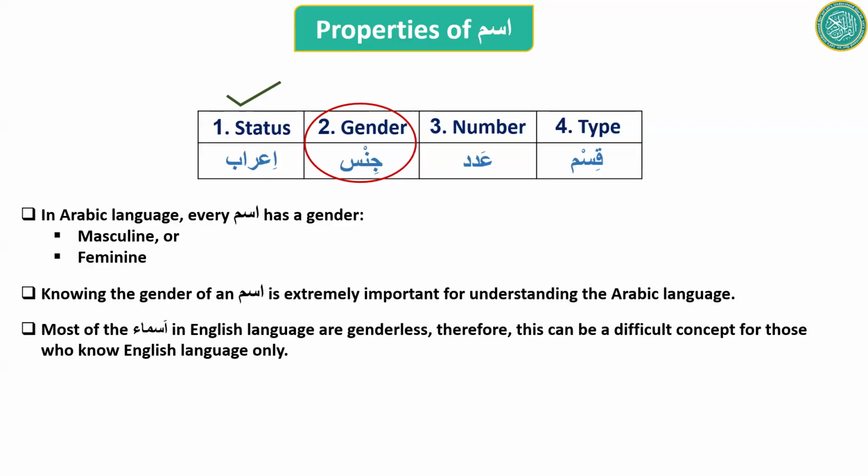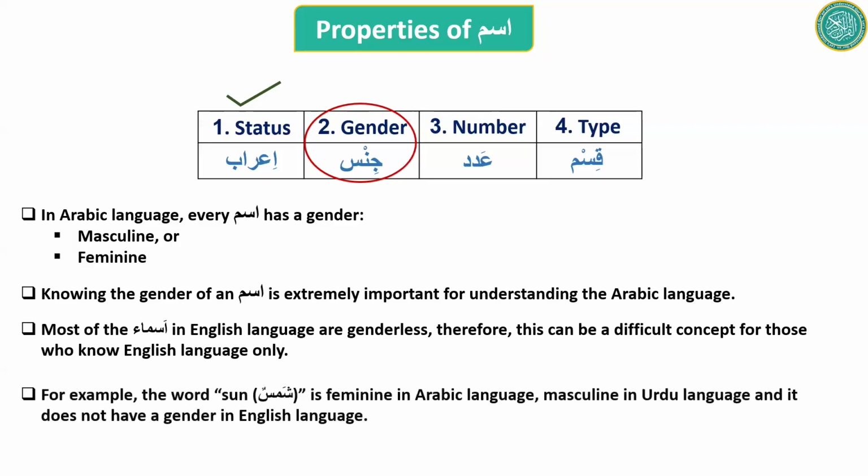They are gender neutral. While in Arabic and some other languages like French, Urdu, and some others, I believe, every ism has a gender. And as I mentioned, sun, shams, is feminine in Arabic, masculine in Urdu, and it's gender neutral in English.